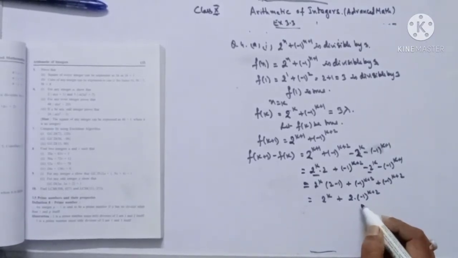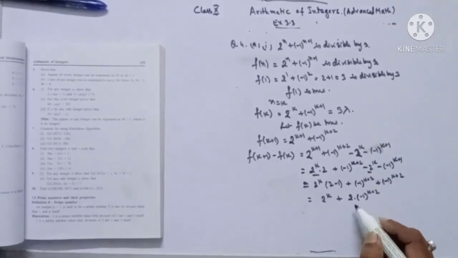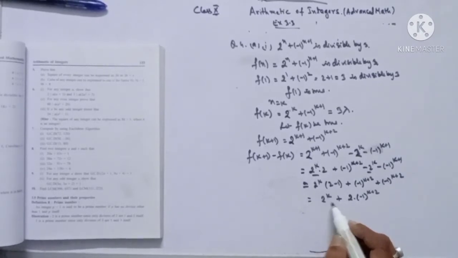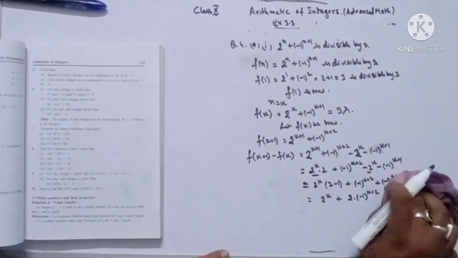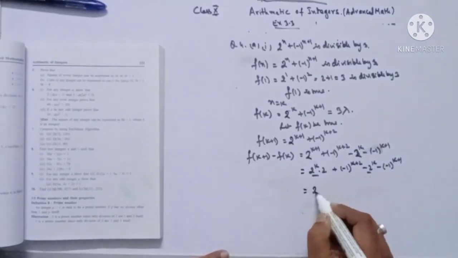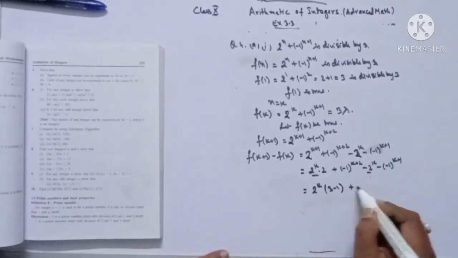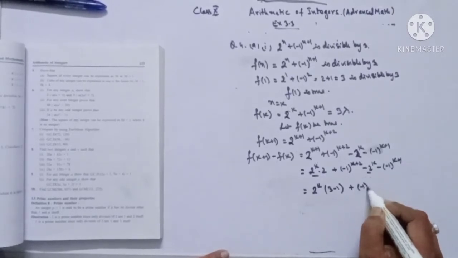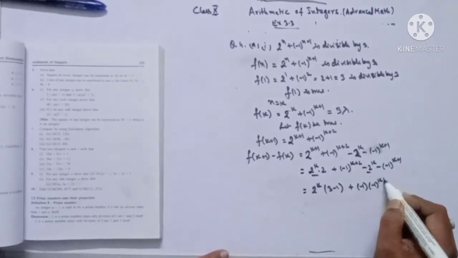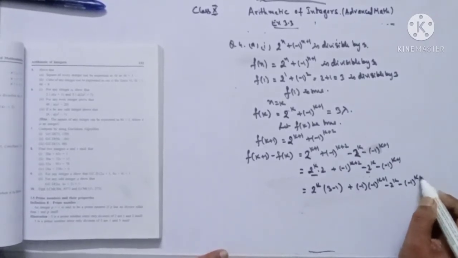Again there is a problem coming here, that is minus 1 to the power of k plus 1 and then k plus 1. So this is minus 2, but here instead of 2 I can write 2 to the power of k into 3 minus 1, and this will be minus 1 to the power of k plus 1 minus 2 to the power of k minus 1 to the power of k plus 1.